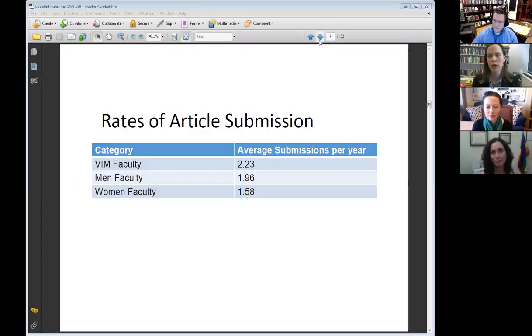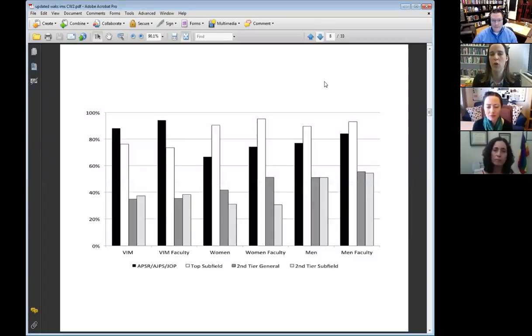The final issue related to submitting articles that we think is particularly critical when we think about perceptions of expertise is where people are submitting their work. Here people could choose multiple outlets.